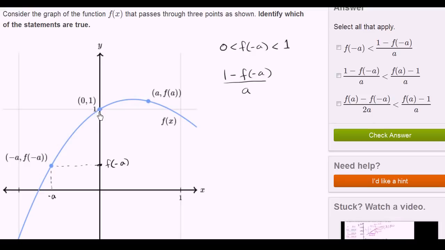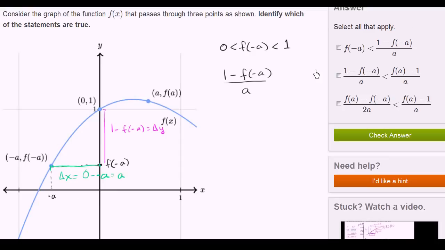If we wanted to find the average rate of change between the point negative a, f of negative a, and the point 0, 1, our change in y is going to be 1 minus f of negative a, and our change in x, going from negative a to 0, is 0 minus negative a, which is equal to positive a.